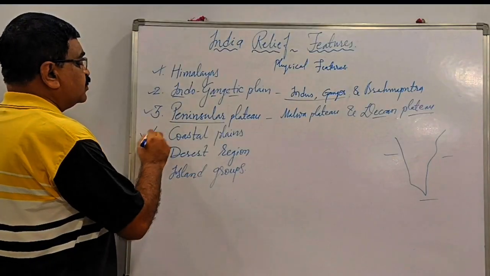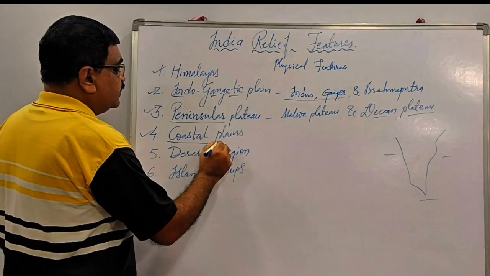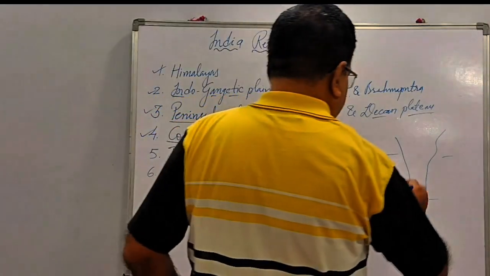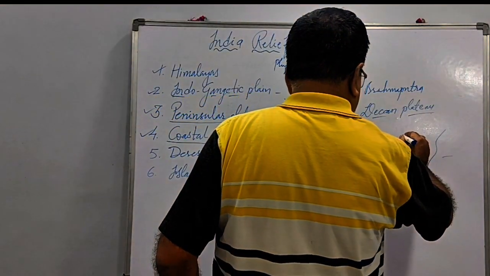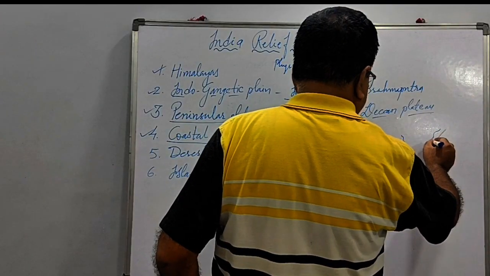The next comes the coastal plains. Coastal plains means the plains which are situated between the coastal region and the Western Ghats and Eastern Ghats.